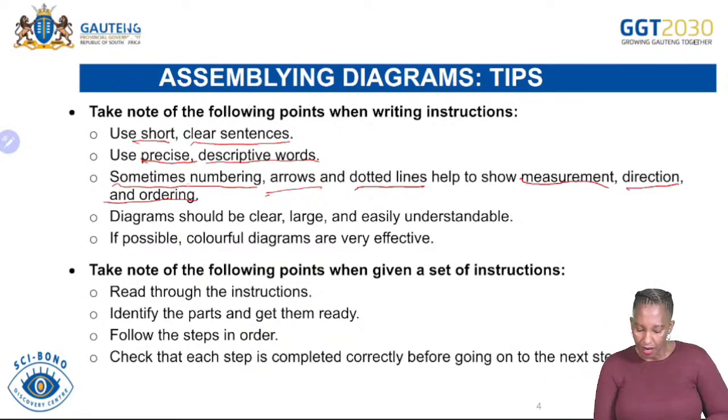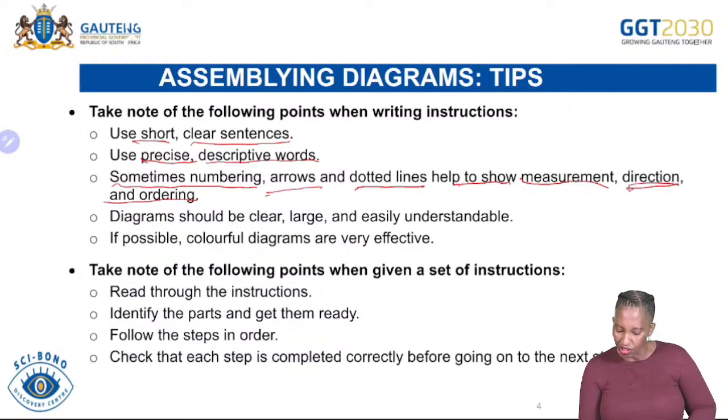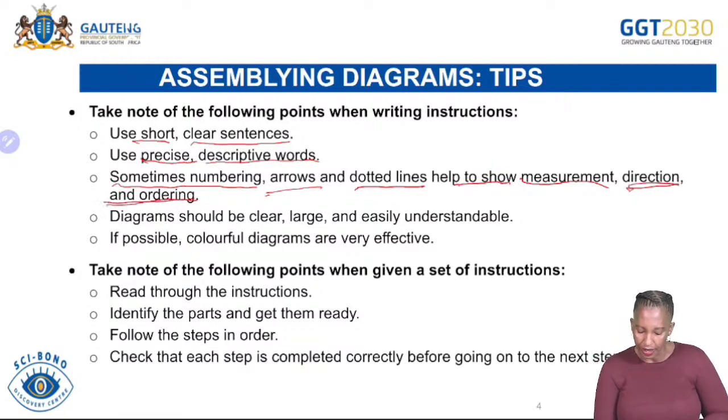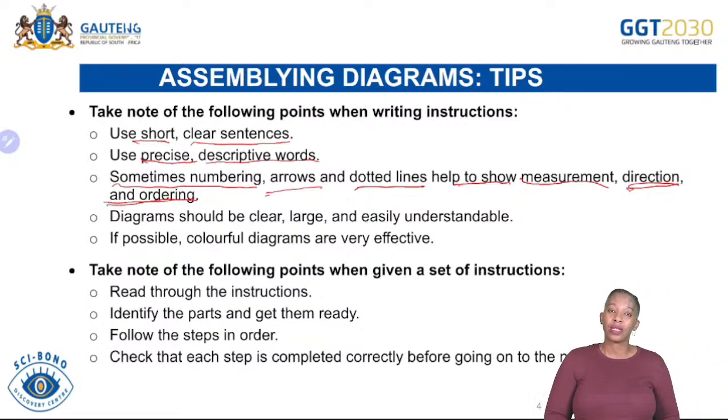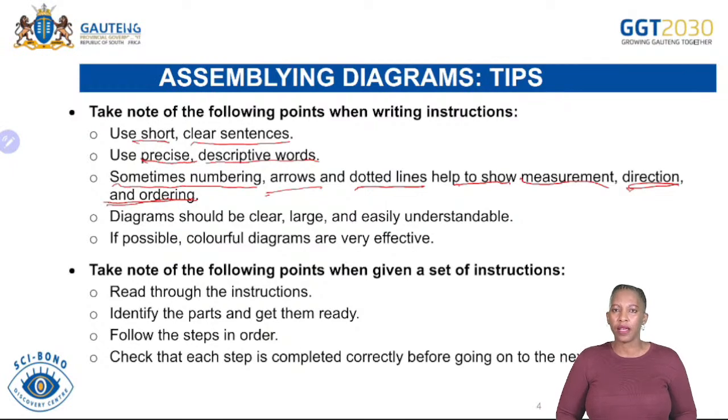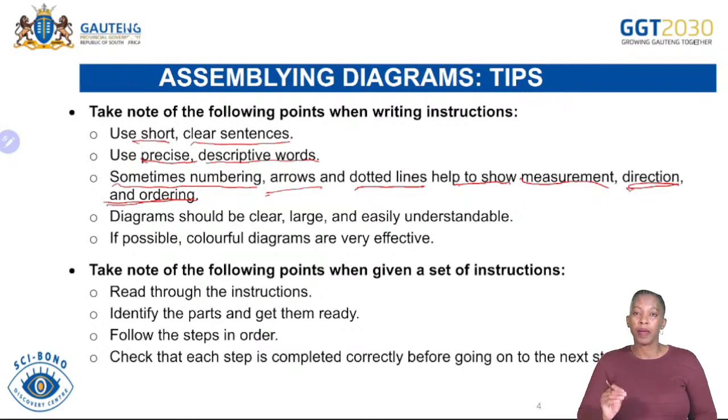It says sometimes numbering, arrows, dotted lines help to show the measurement, the direction, and ordering. It means if they have used the arrows or the numbering, then it's easier for me to say take number 1, put it at number 4, and then take number 2, put it after number 5. So you follow the instruction, or maybe the arrow.